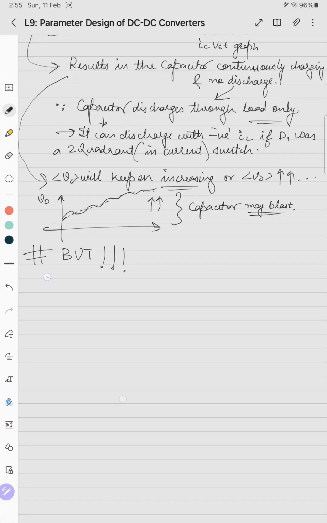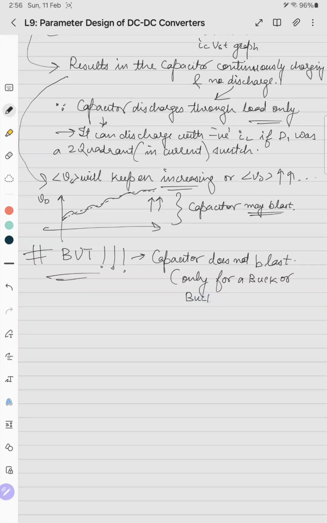But there is a plus point. There is a silver lining to this cloud. The capacitor does not blast, which is valid only for buck or buck derived DC-DC converters.